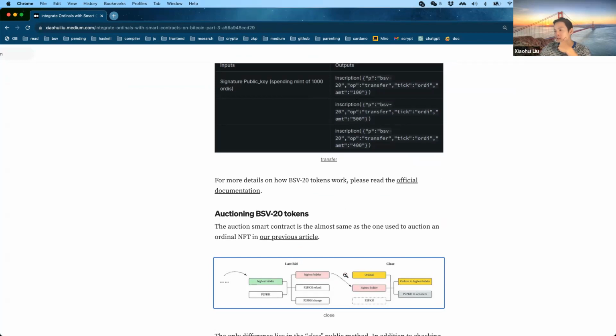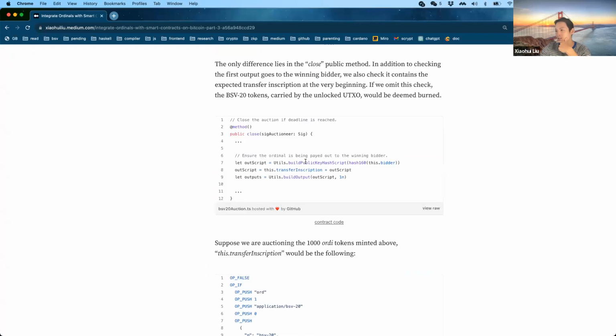So you make sure when 500 come here, 500 is here, you make sure this inscription is what you expected. Versus the NFT, you only transfer to, let's say, a Bitcoin address, and that's good enough. But in this case, you want to make sure also the inscription is what you expected. That's exactly what is being checked here using the so-called script context.